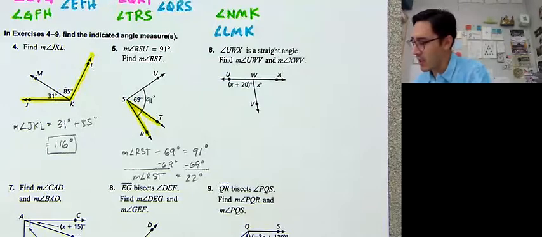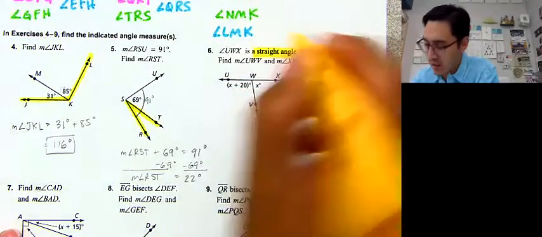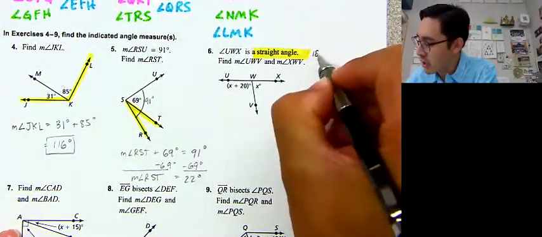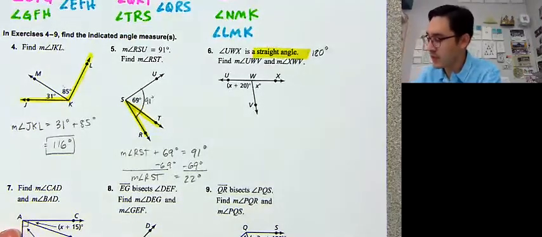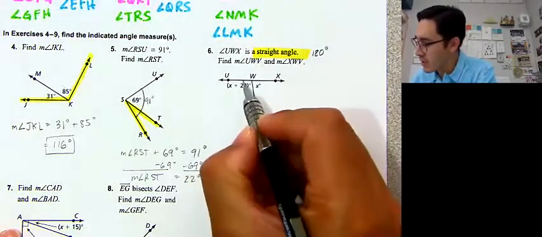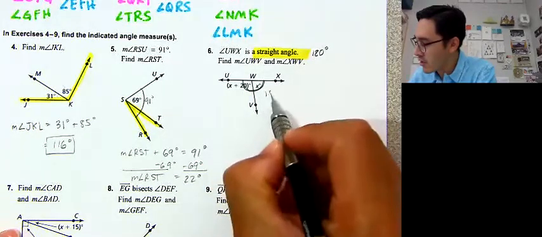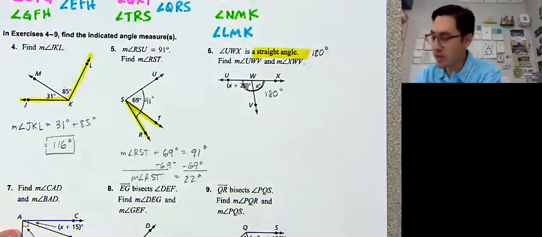Problem 6. Angle UWX is a straight angle. Straight angles, you might recall, measure 180 degrees. So this entire measure here is 180 degrees.